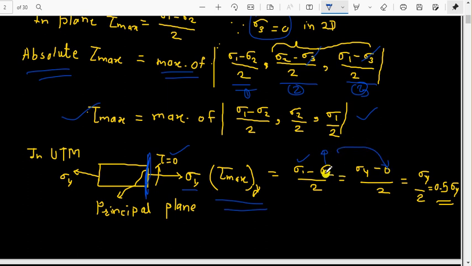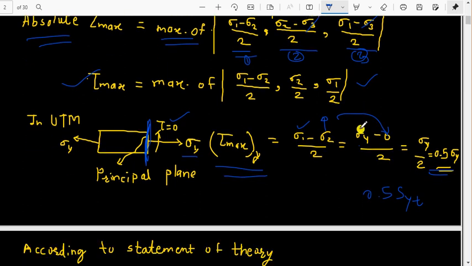So our tau max, that is the shear yield strength, will be sigma y by 2. That is nothing but 0.5 times the yield strength, or you can write it as 0.5 times SYT. Sigma y is nothing but the yield strength, that is the tensile yield strength in UTM if you are considering a uniaxial loading condition.